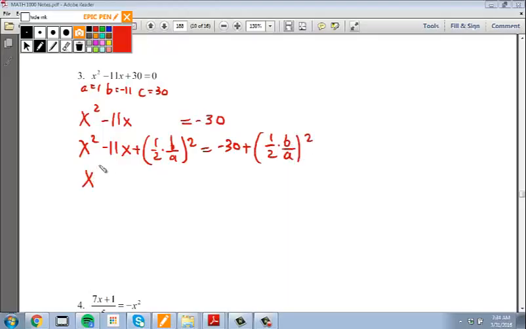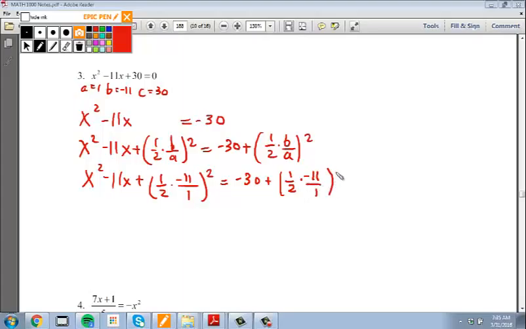Now, substitute in my B, which was negative 11, and my A, which is 1, squared. And on this side again, I missed the plus sign. The plus has left the video. Alright, so plus 1/2 negative 11 over 1 squared.